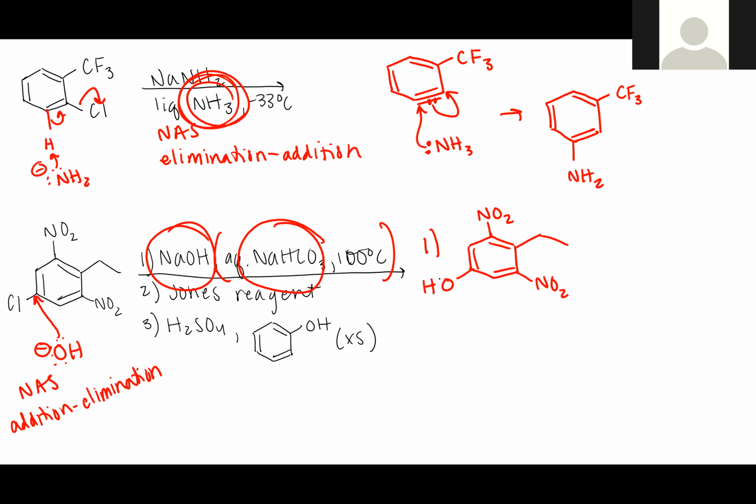Will it make an oxidation of the alcohol, or no? It would turn the alcohol group into a carbonyl, right? No, so I'm looking for a side chain reaction here. It would turn that into a carboxylic acid. Carboxylic acid. Right.